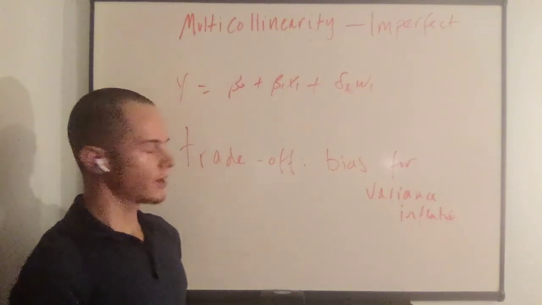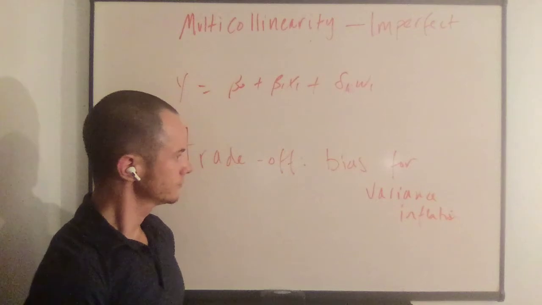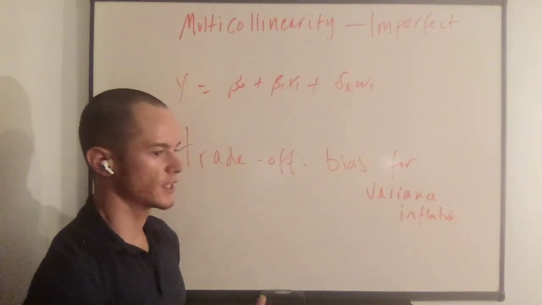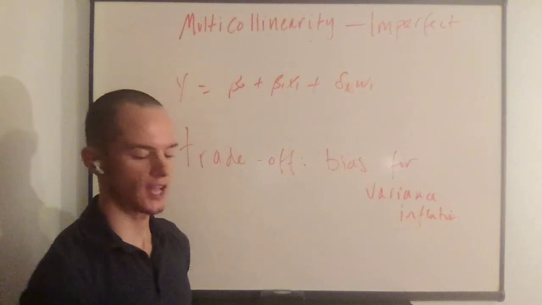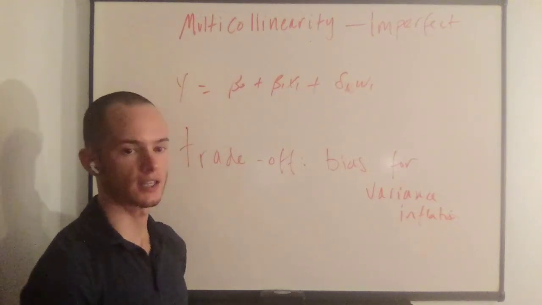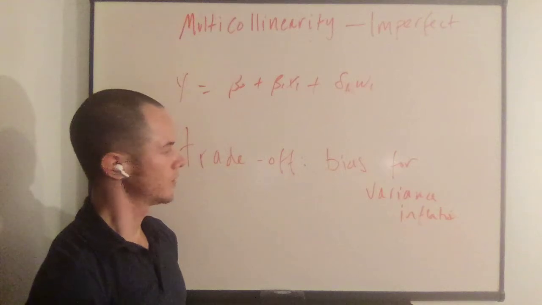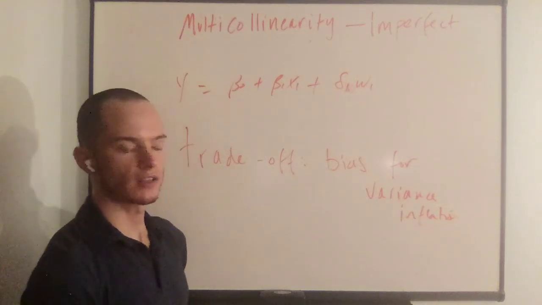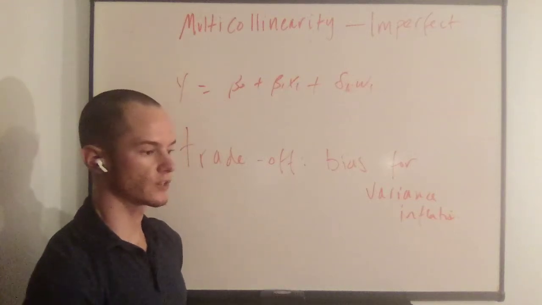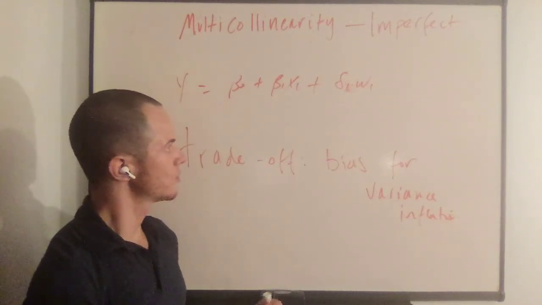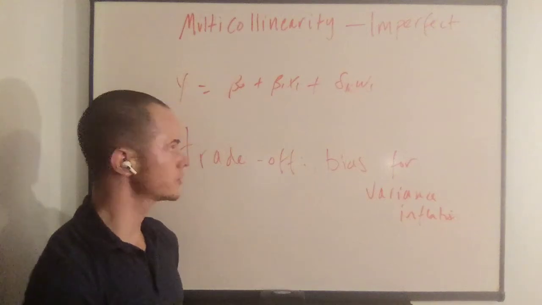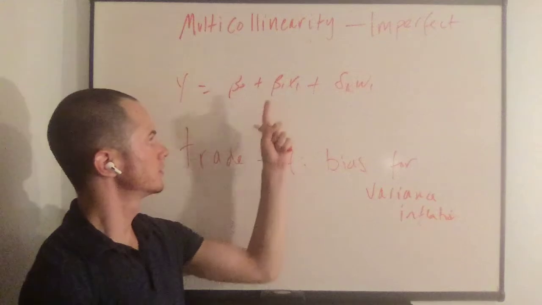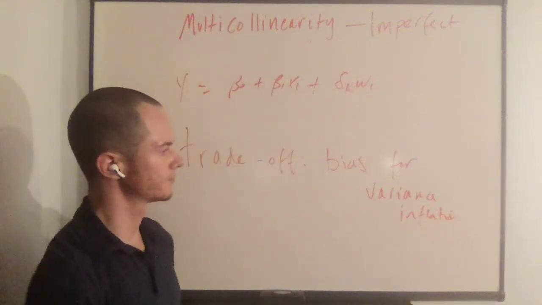So here's a way to think about the trade-off. Variance inflation, or rather variance, generally is going to come down as sample sizes get larger, right? Because your error variance may get smaller, your total sum of squares is going to get larger. And so as your sample size gets larger, you're going to get a more precise estimate of your beta 1 hat.